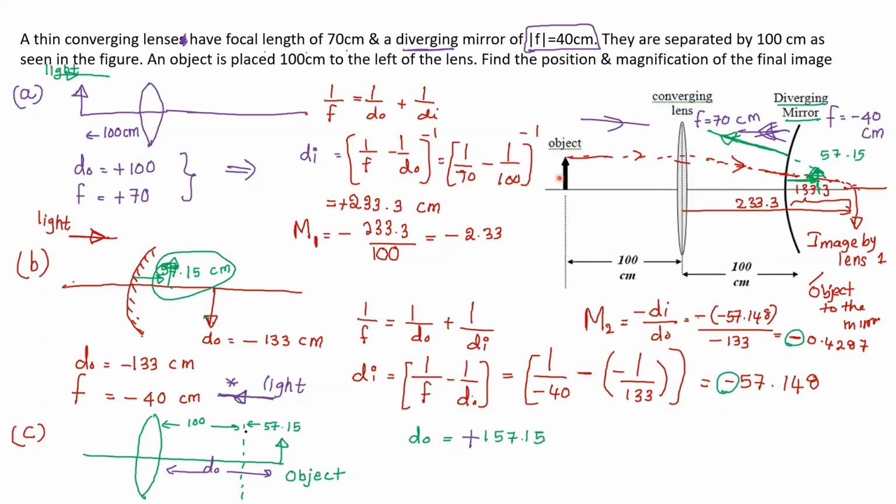So this is a very special case which will only happen when there are mirrors in combination. Okay. So this is your D naught, and everything else is very similar. What is F? They have given 70. So can you calculate DI for this?